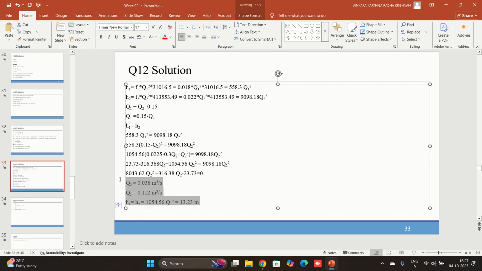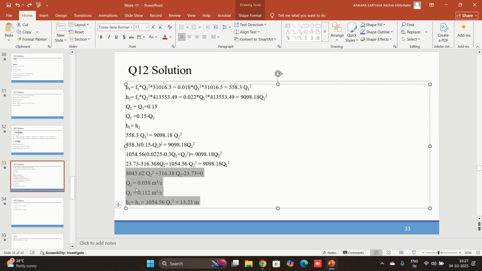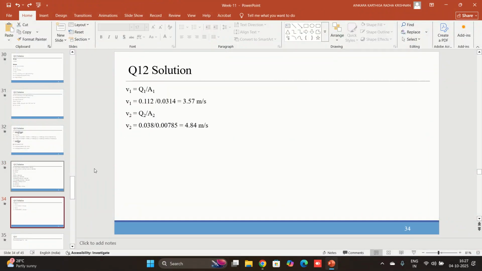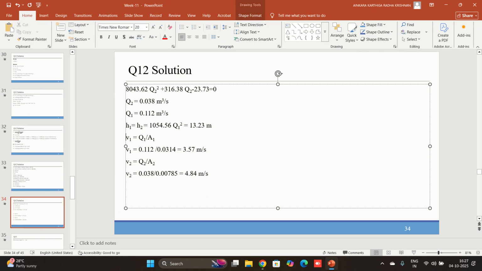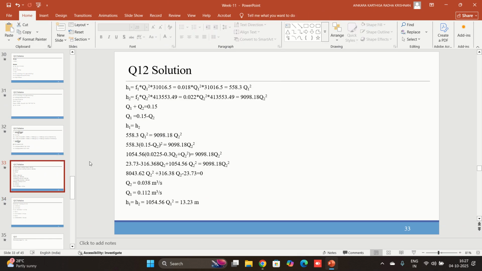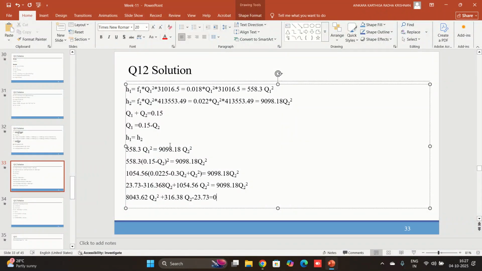I think we can put it in the next slide. H1 is equal to H2, so we are substituting what we got in the H1 equation and what we got in the H2 equation.